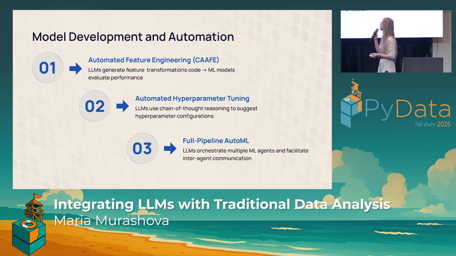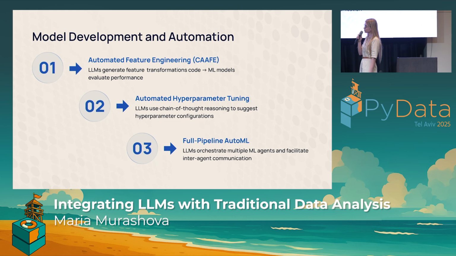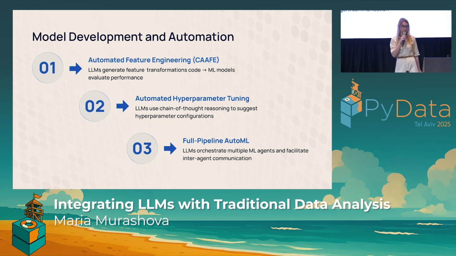I can ask the LLM to give me ideas on what hyperparameters I should start with in this specific domain. And of course, to create a full pipeline, let's say also to build agents with a tool that knows to automatically engineer the features, a tool that can tune hyperparameters, and maybe also a tool that can explain to me the results of the model.